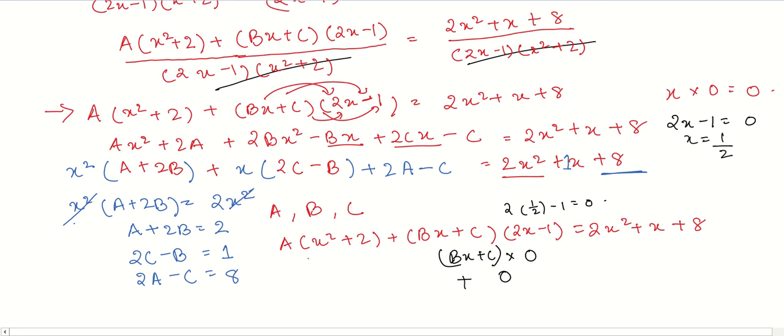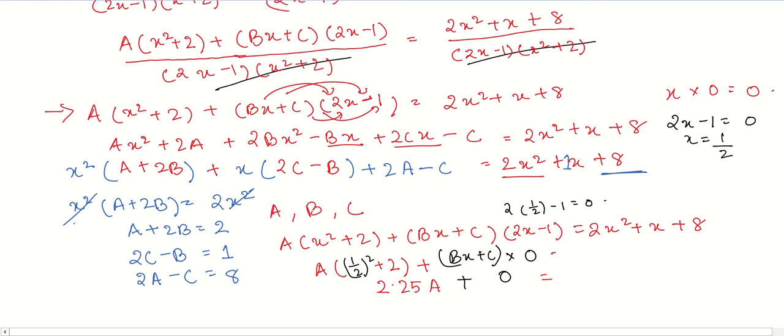All right. Now we have a times (1 by 2) whole squared plus 2, right? What is that going to be? Basically 2.25a. So what about these now?